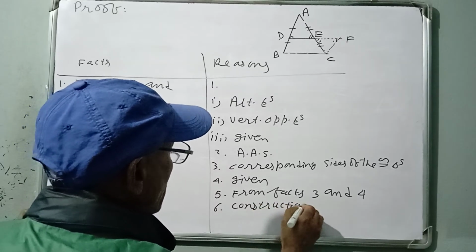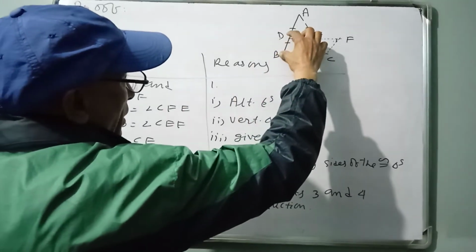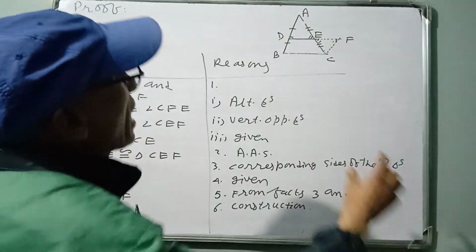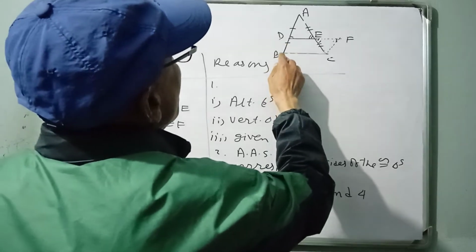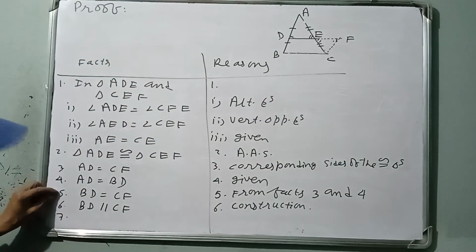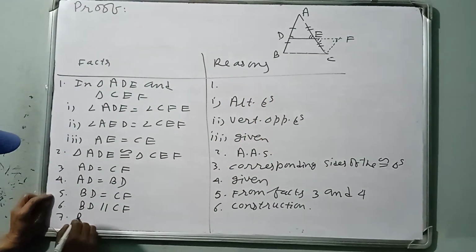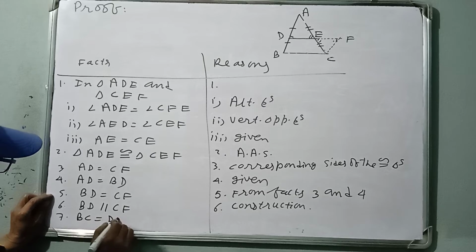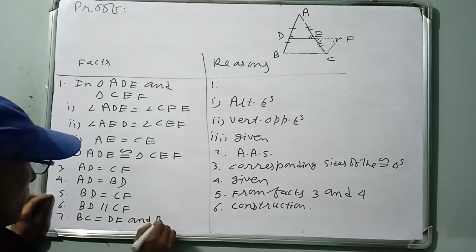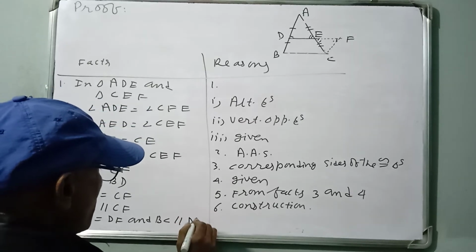It means if BD and CF are equal and parallel, then BC and DF are also equal and parallel. From facts 5 and 6, you can write BC equals DF and BC is parallel to DF.